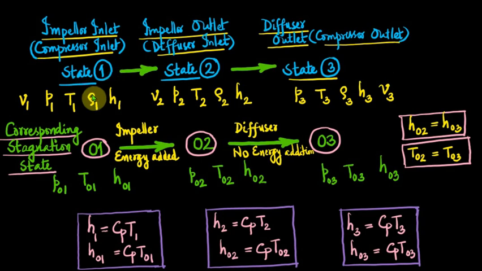At state 1, the properties are designated by velocity V1, static pressure P1, static temperature T1, density ρ1 and specific enthalpy H1.